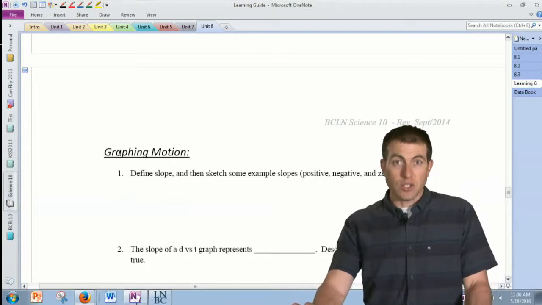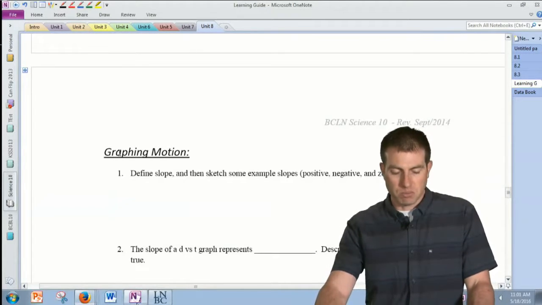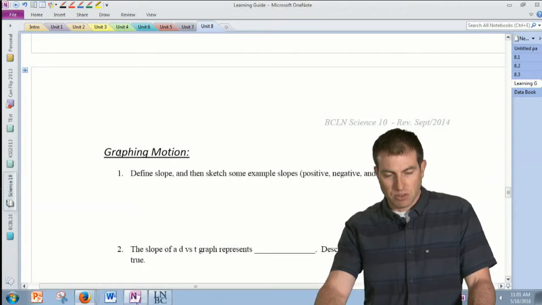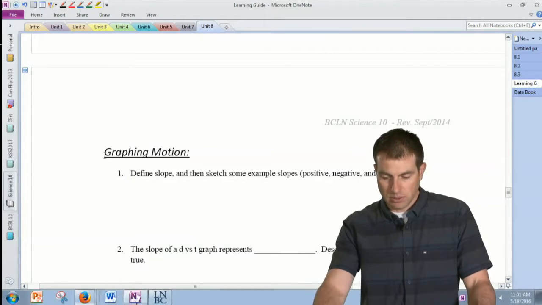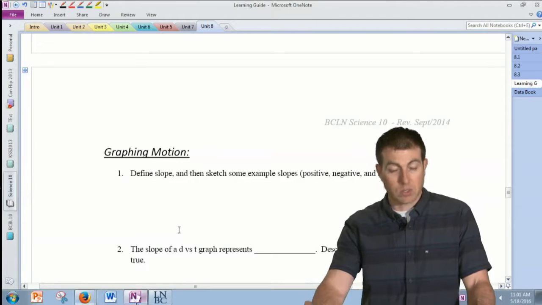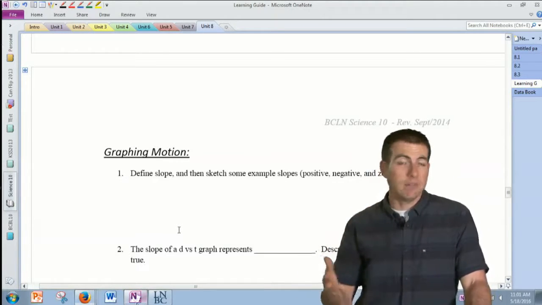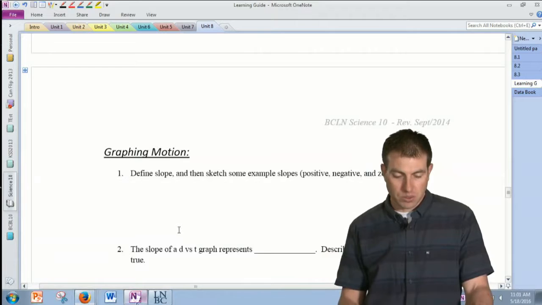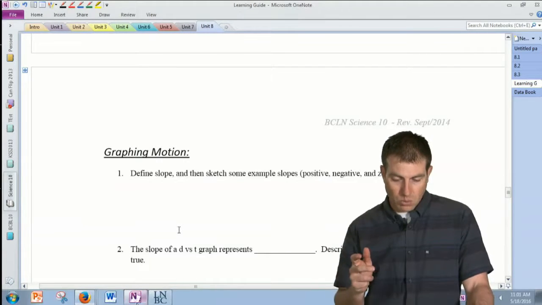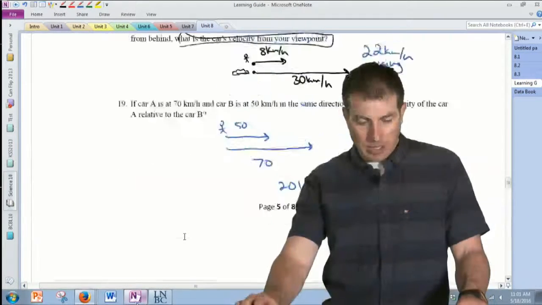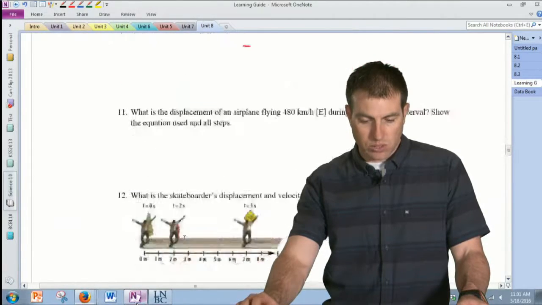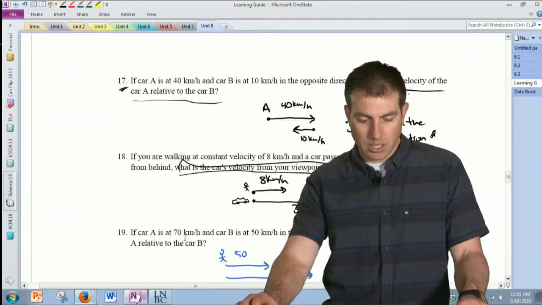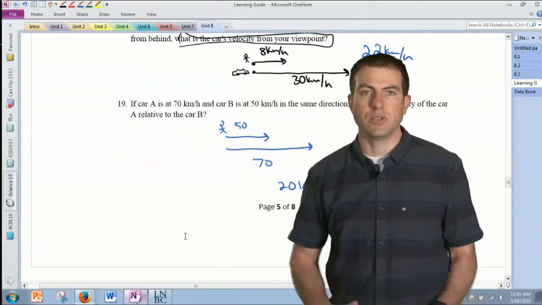You shouldn't have any problems with it because we've covered it all in math already, but there are some things that won't make sense until we talk about it. So if you want to continue on ahead, that's fine. You should be good up to the end of page 5.